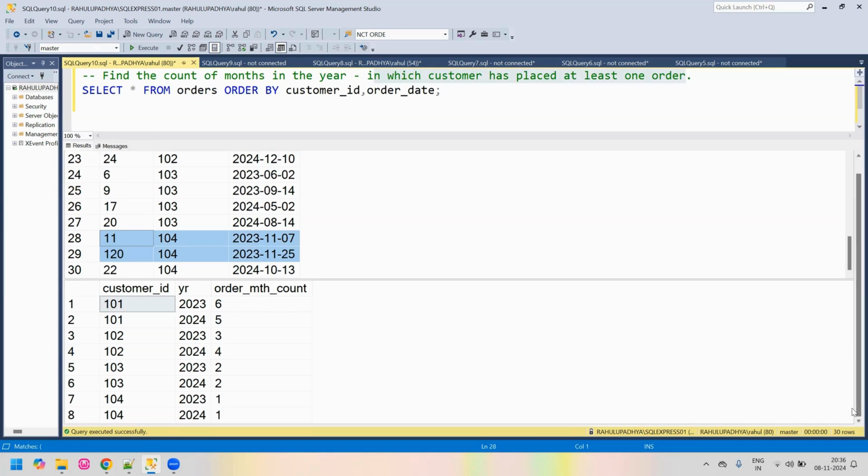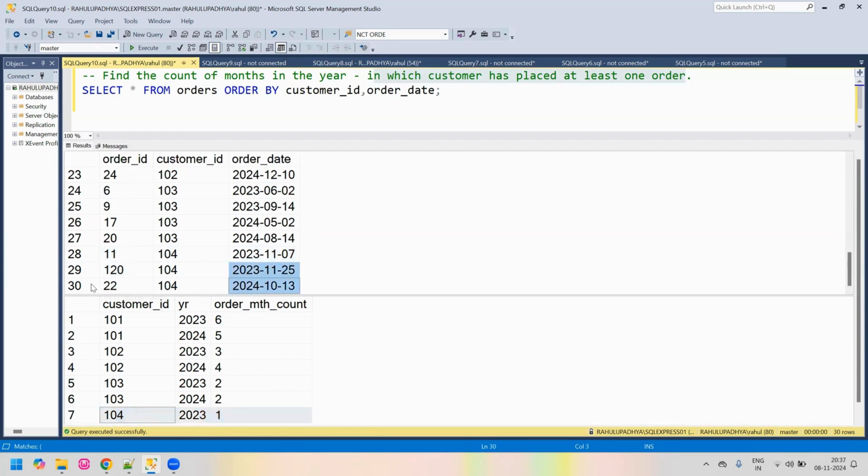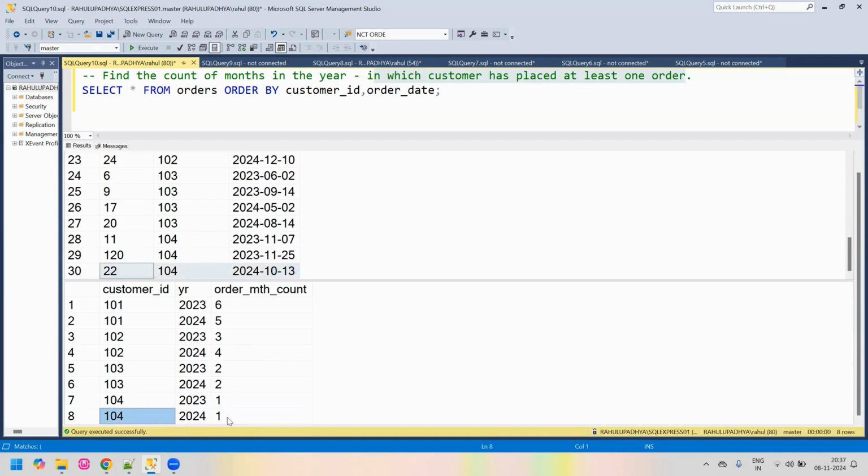So for the year 2023, we will be reporting 1. Similarly, in the year 2024, this user 104 has placed only one order, in October. So that is what we are going to indicate by count as 1.